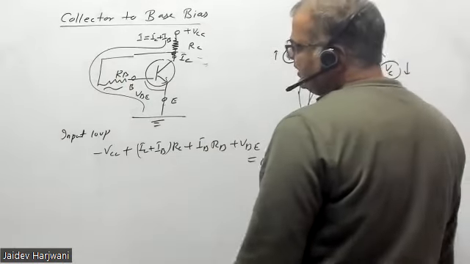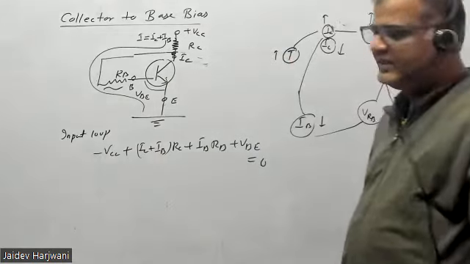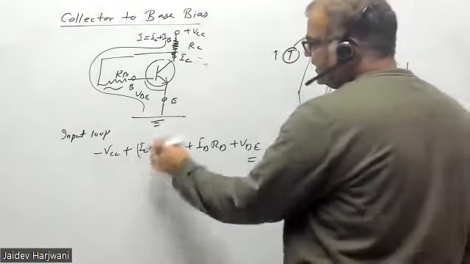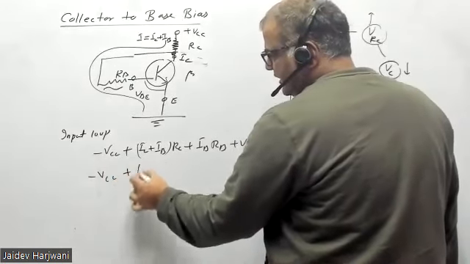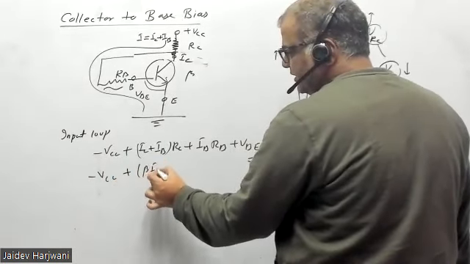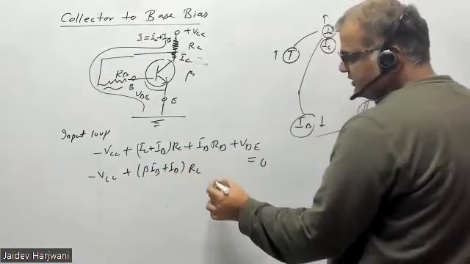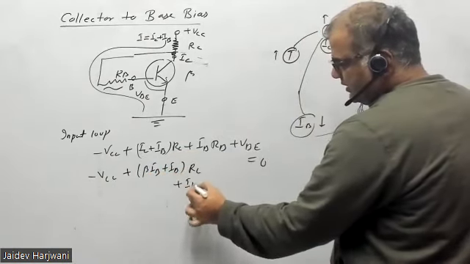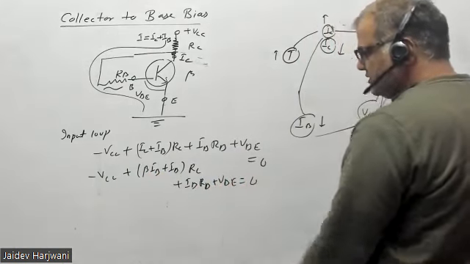Now the main thing is that in the input circuit I need only the base current, so I have to change this IC. If this is beta, I can write IC as beta IB, and this is your IB, because you only want IB in the circuit. So minus VCC, plus IB RB plus VBE equals 0.